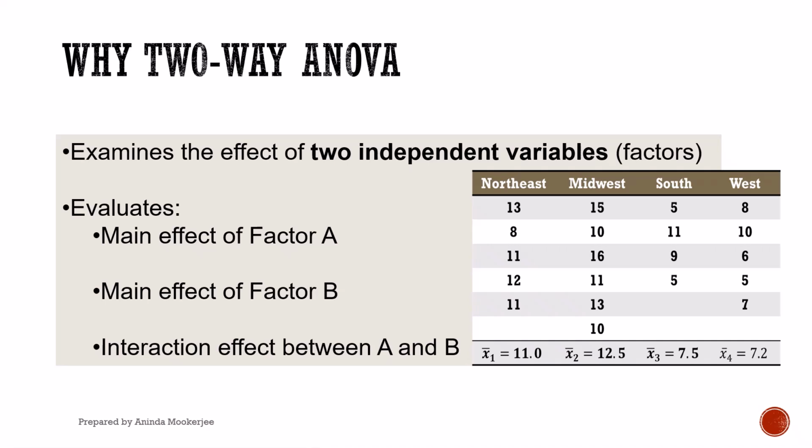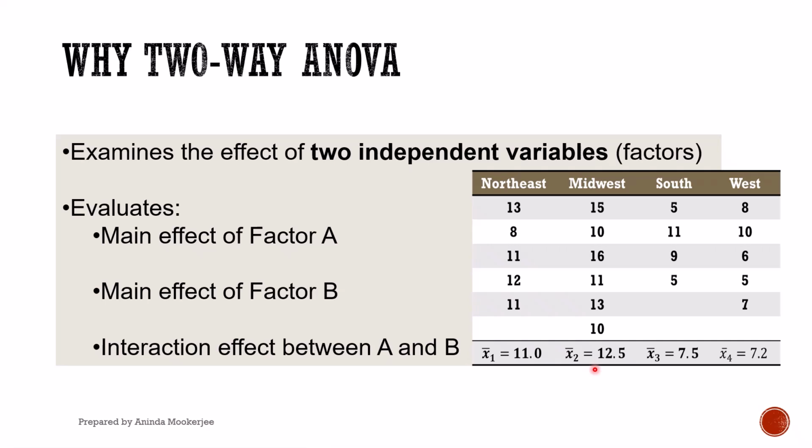If you recall, we had the US, the country, divided into four regions: Northeast, Midwest, South, and West, and these were the numbers from the samples from these regions, and we found their respective means, and we performed a one-way ANOVA analysis to determine if there was a difference in the means between the regions, if the regions had a role to play in the difference between the means.